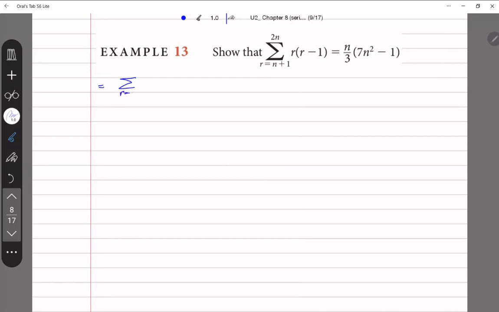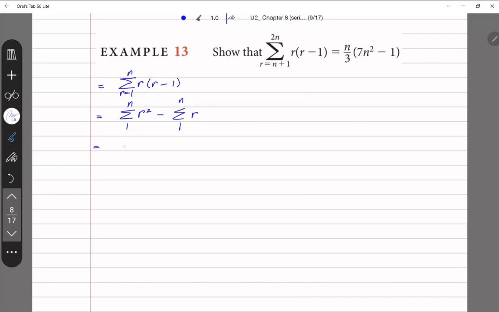From r is equal to 1 to n of r into r minus 1. I would find that first. And this is equal to the summation from r is equal to 1 to n of r squared minus the summation from when r is equal to 1 to n of r.